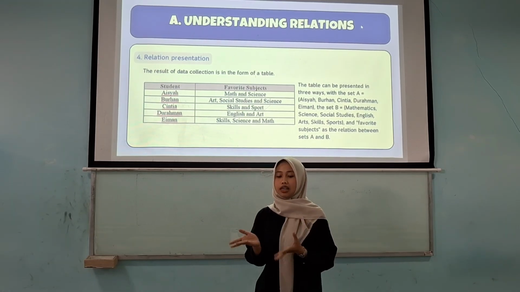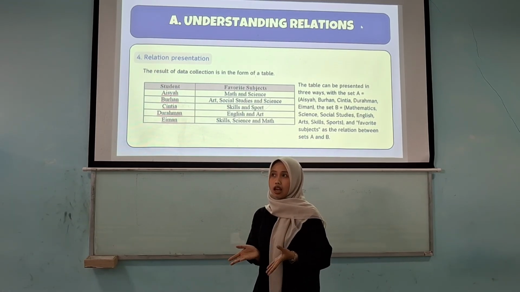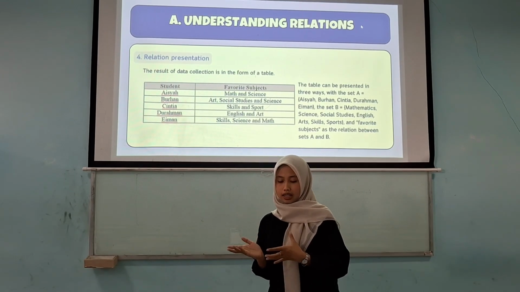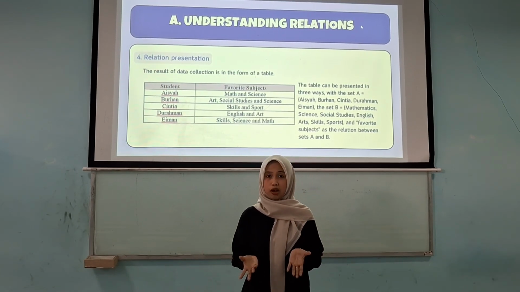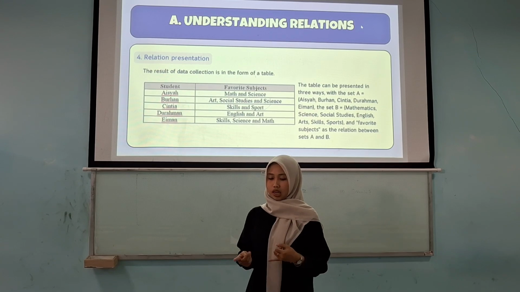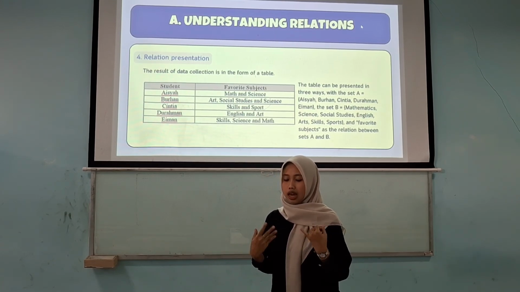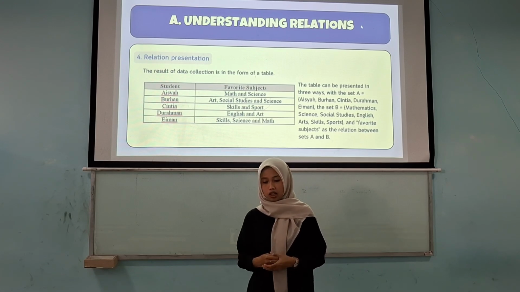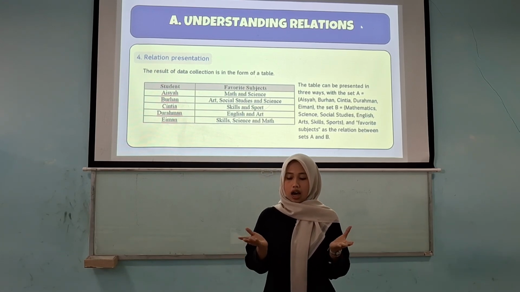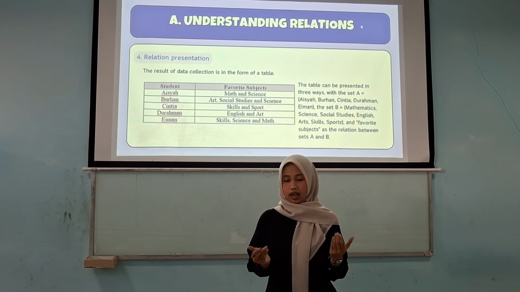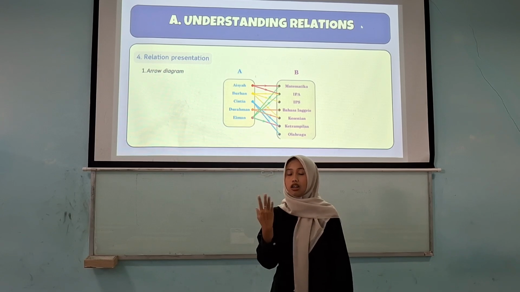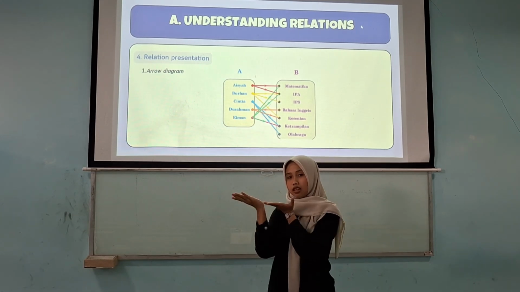The table can be paired as follows: set A equals Aisyah, Burhan, Cynthia, Abdurrahman, and Aiman. Set B equals mathematics, science, social studies, English, art, skills, and sports. And favorite subject is the relation between set A and B. One, arrow diagram.